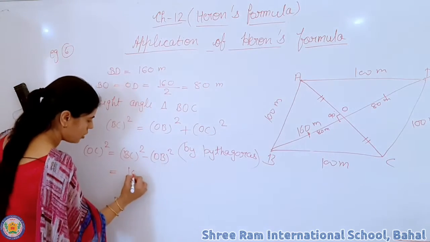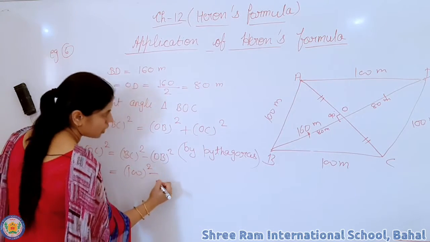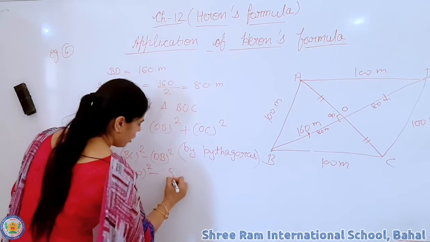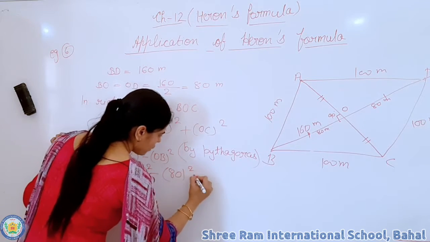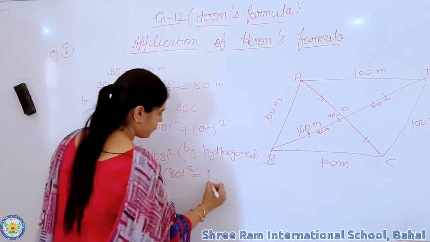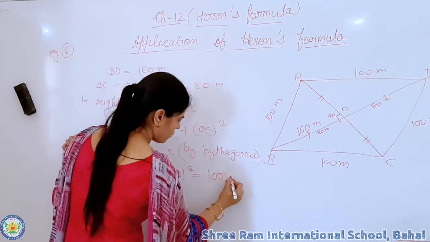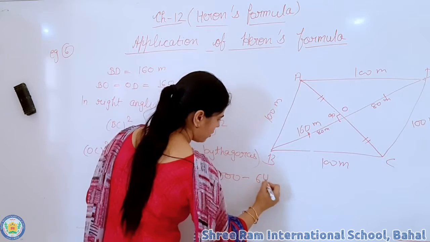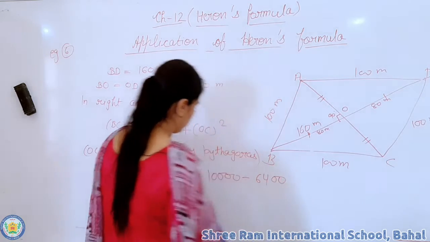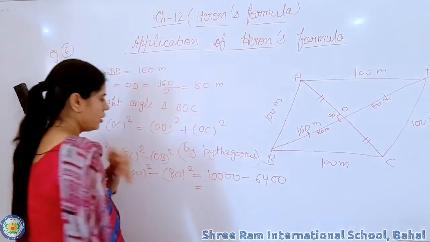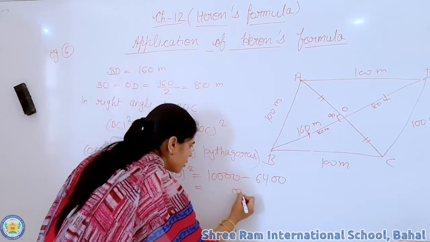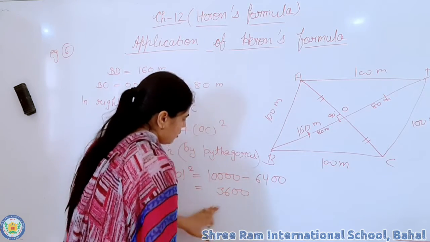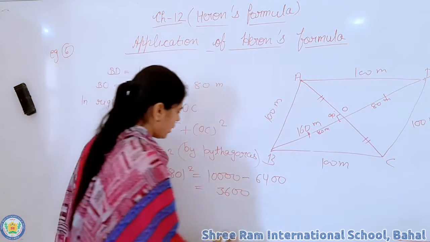BC is 100 square minus OB. What is the value of OB? We have just found out 80 square, which is equal to 10000 minus 6400. Now this is clear.